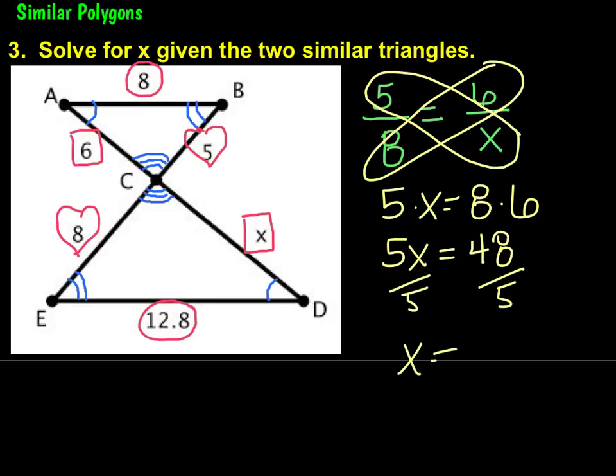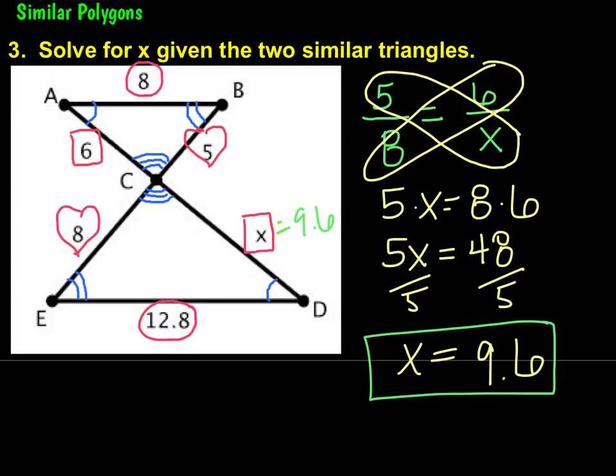And now I just need to use my calculator to divide 48 by 5. And I get 9.6. So the length of x would be 9.6.